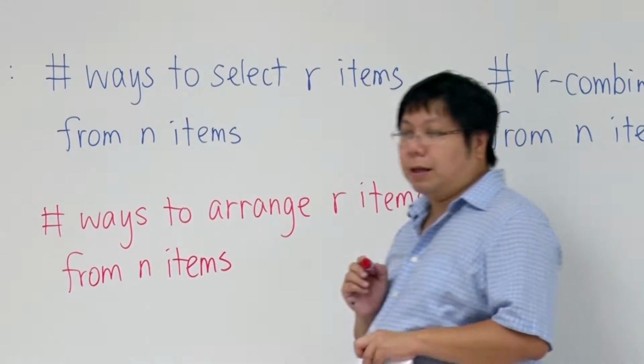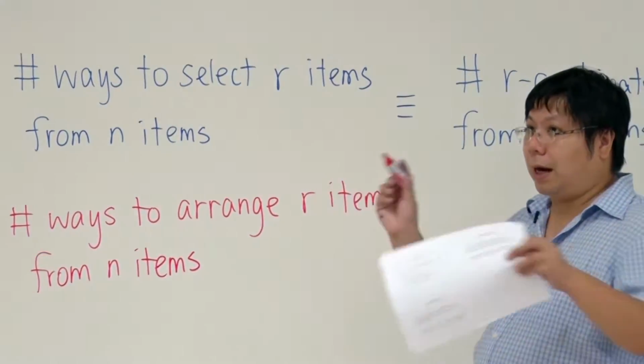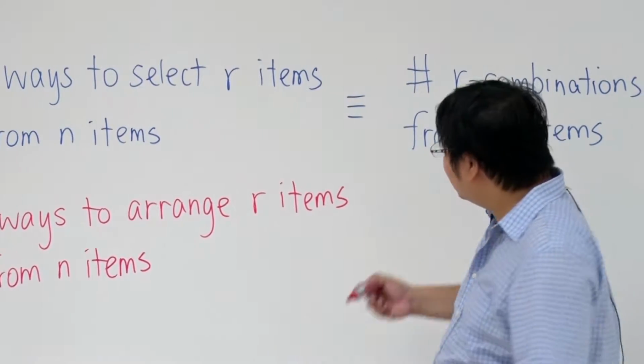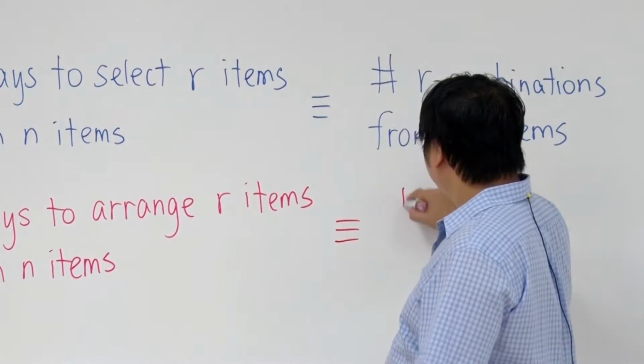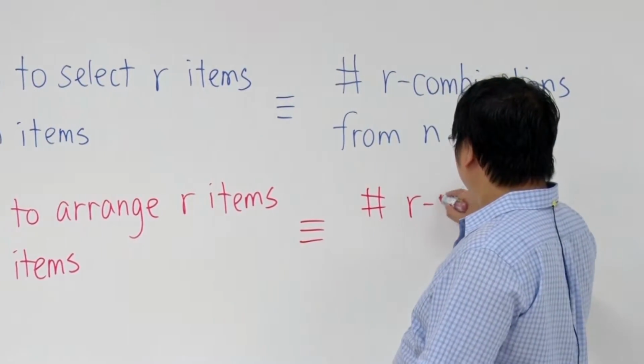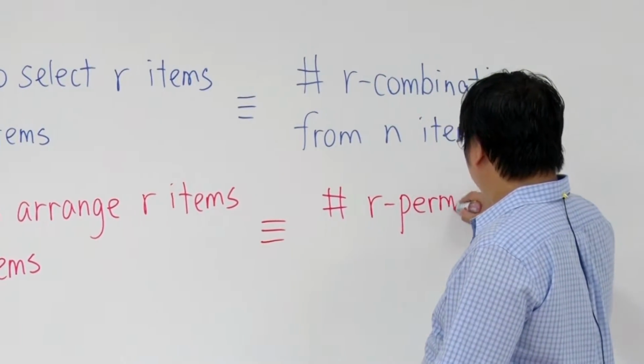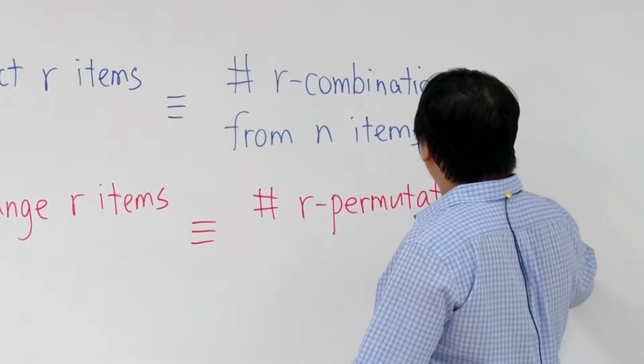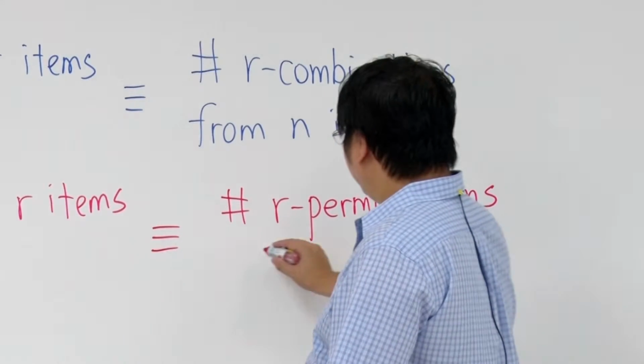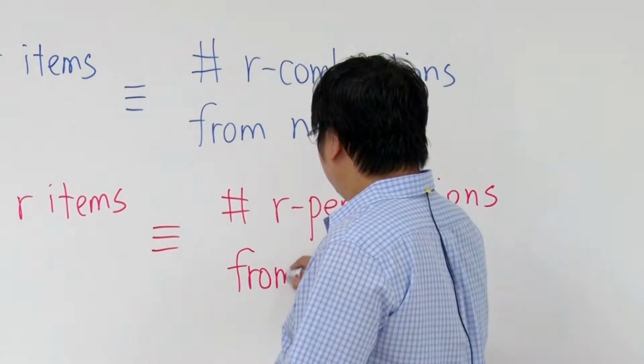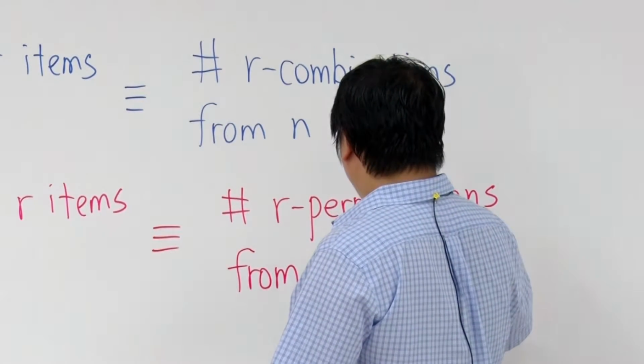Arranging r items from n items means that I take out r items and then make an arrangement. So it is equivalent to the number of r-permutations from n items.